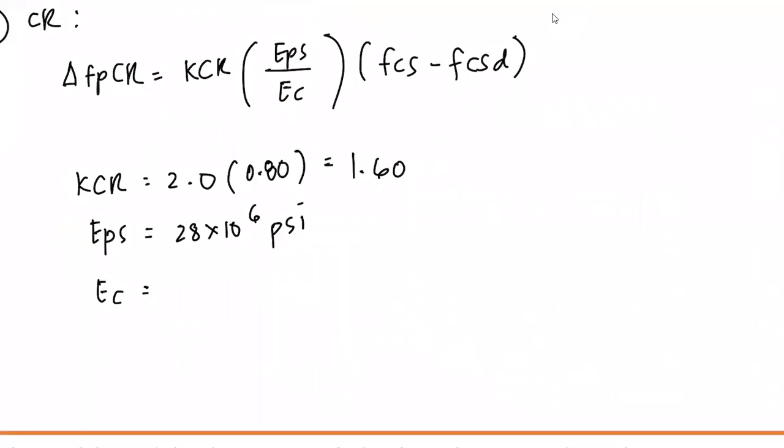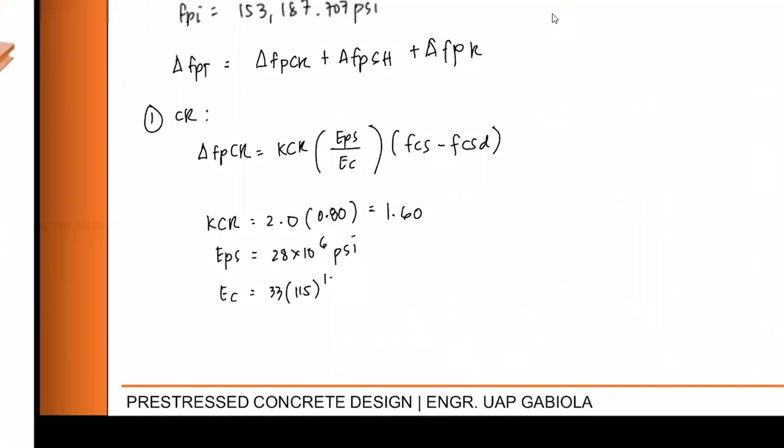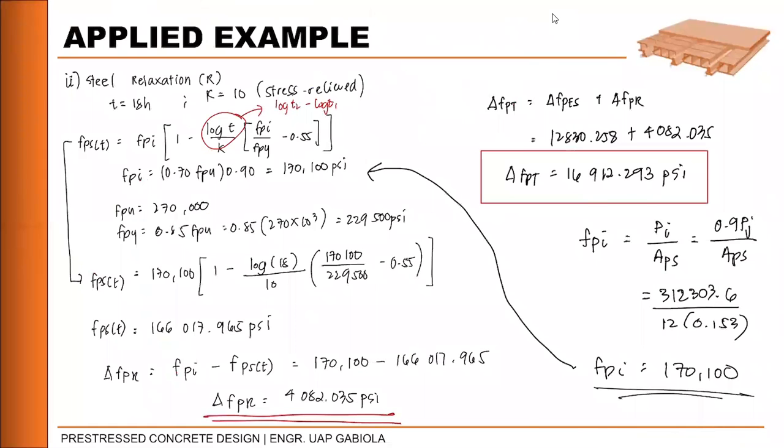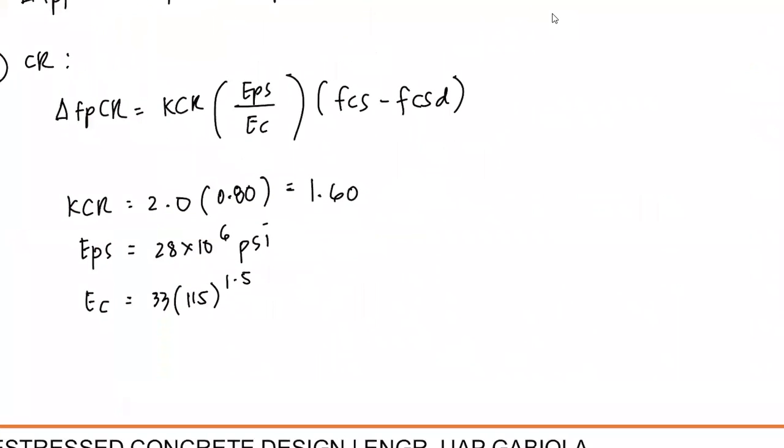We have yung value of that is 33, then 115 raised to 1.5 square root of f prime c. Square root of f prime c natin is 5,000. Okay, so 33, 115 raised to 1.5 times square root of 5,000.